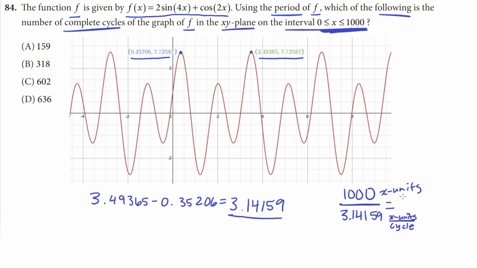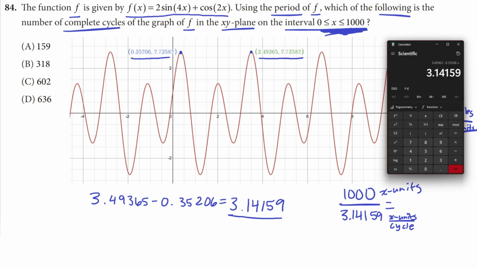Dividing by this fraction is the same as multiplying by the reciprocal, so x units times cycles over x units, we see that the x units cancel out and we're just left with cycles. So this will give us the total number of cycles the graph completes in 1000 x units.